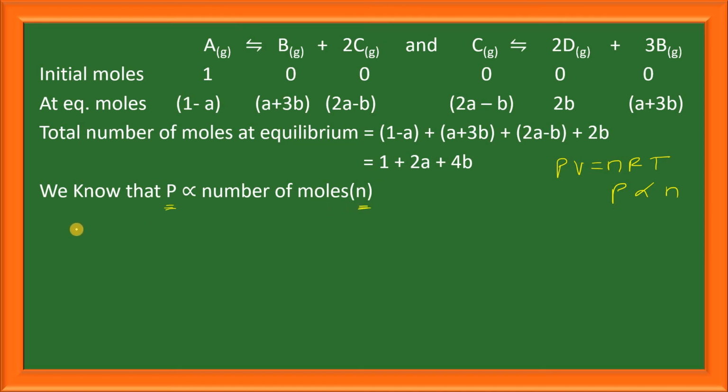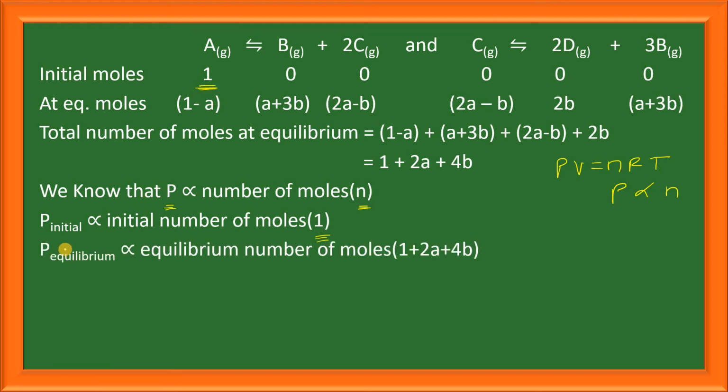So we all know that initial pressure, let it be P initial, will be directly proportional to initial number of moles, and we are having initial number of moles equal to 1, क्योंकि क्वेश्चन में बोला है initially we are starting with the 1 mole of A. Correct? And pressure at equilibrium will be directly proportional to equilibrium number of moles, and equilibrium number of moles कितना है अपने को? 1 plus 2A plus 4B. समझा?